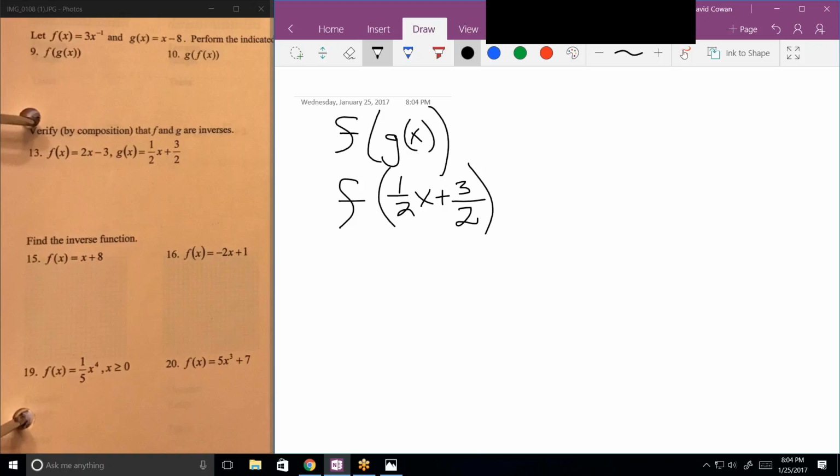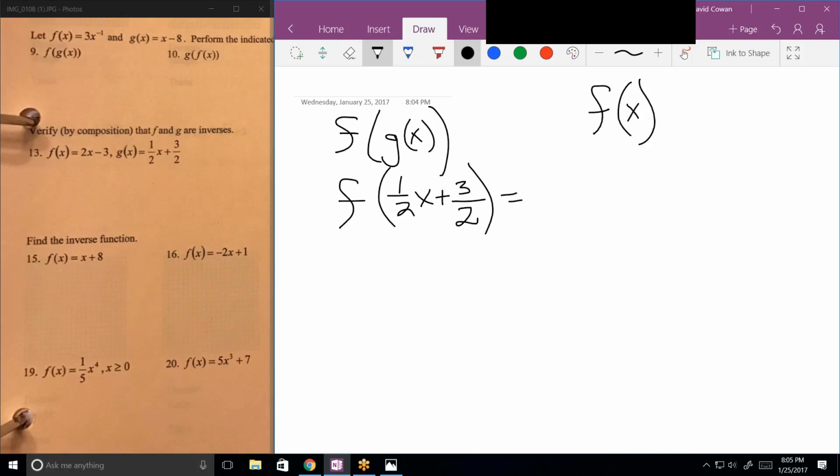And now what is that equal to? Let's see. Look at the f function. It would be 2x minus 3. No? Remember this. Here's the f function.